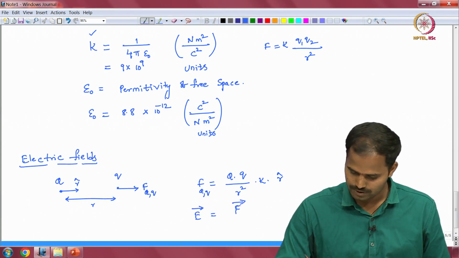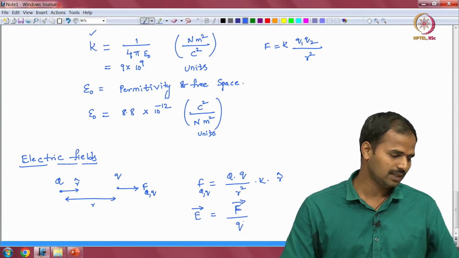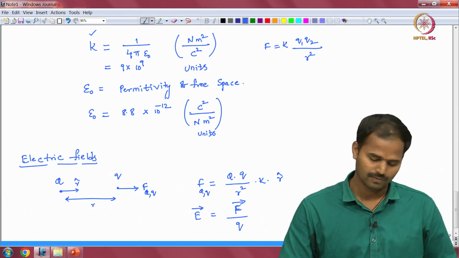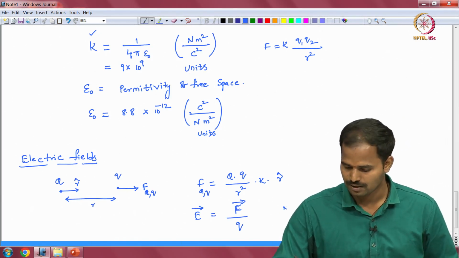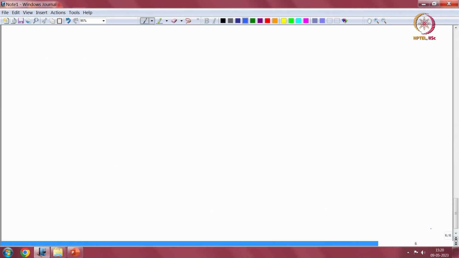This is the force per unit charge. This is nothing but the electric field. The electric field units are Newton per Coulomb. These are the units, and the electric field is a vector and it depends upon the force direction.